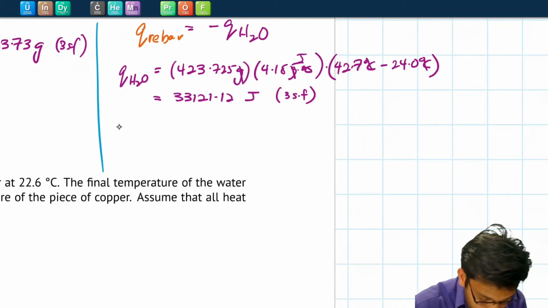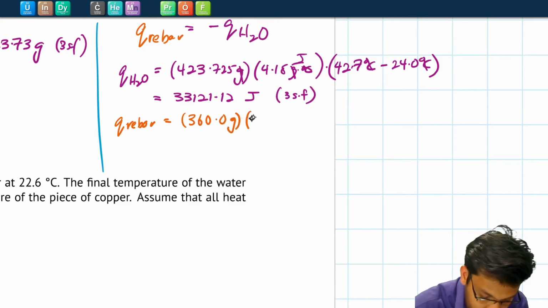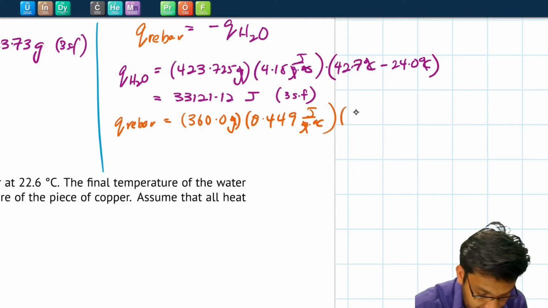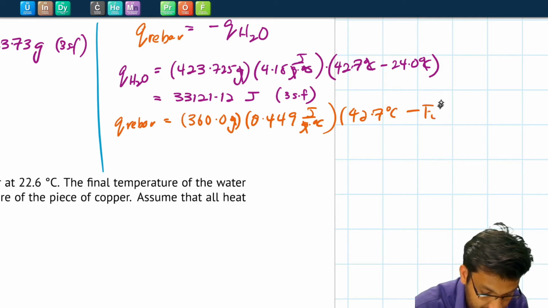Let's see if we can find the Q for the rebar. The mass of the rebar, they give us 360.0 grams. The specific heat capacity we looked up, 0.449 joules per gram per degree Celsius, so grams cancel out. And the temperature difference would be the final temperature, 42.7 degrees Celsius, minus the initial temperature, which we don't know, so let's just keep it as Ti.